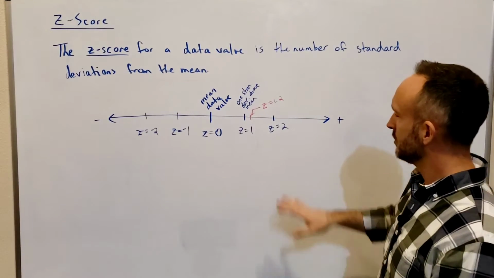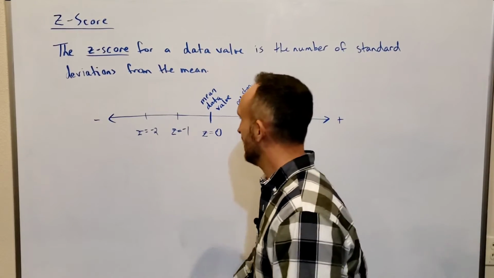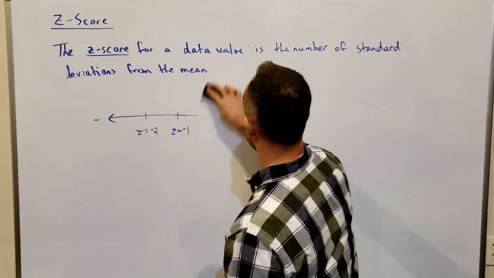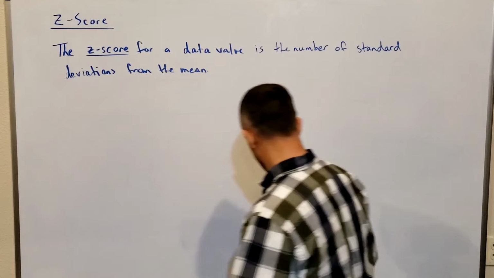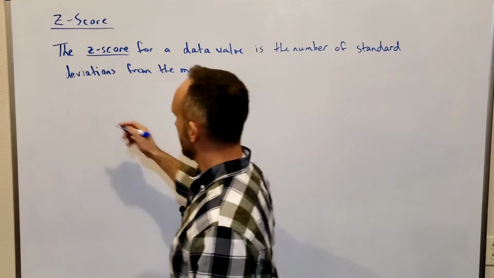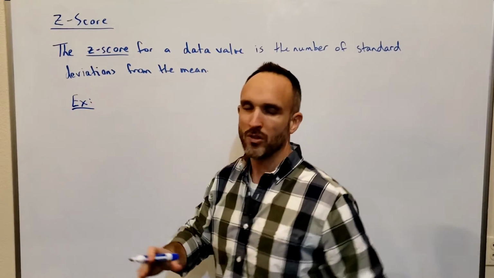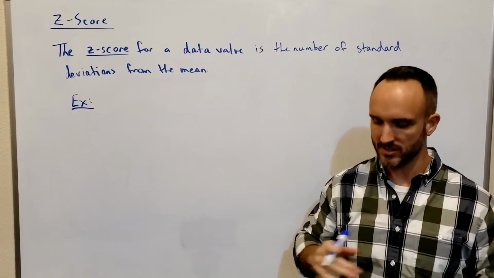Okay? So let's talk about how to calculate a z-score for a data value. Let's do an example here. Rather than writing a long paragraph and giving this context, I want to focus on the math concept.